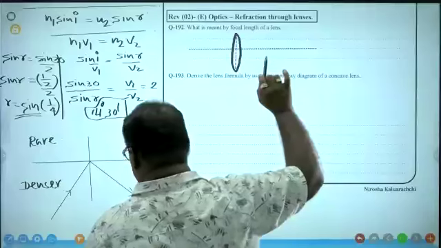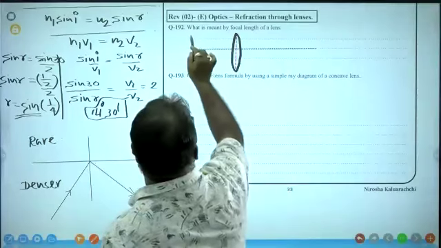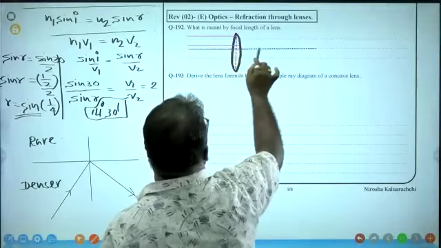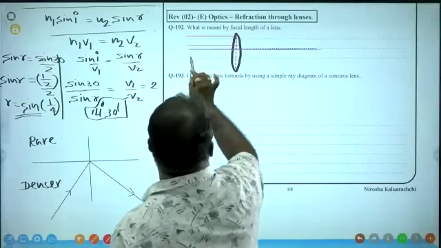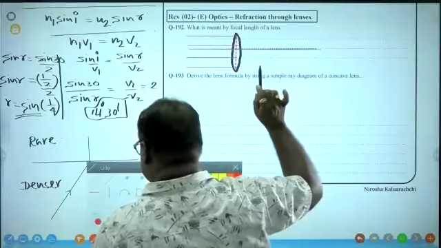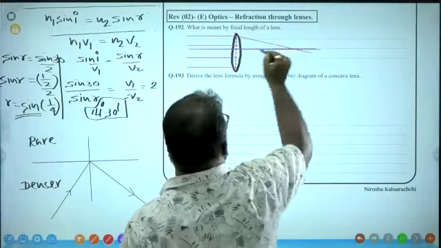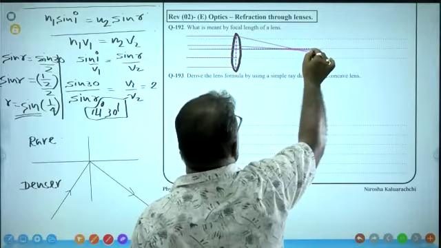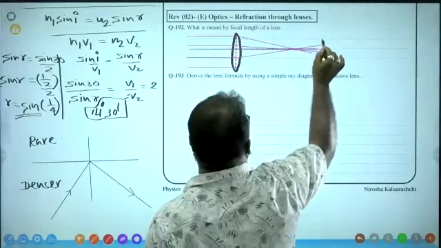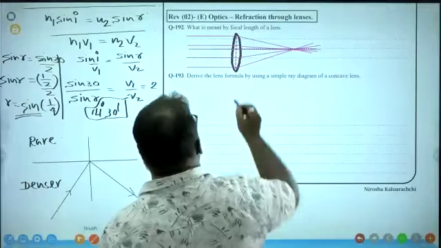A beam of light falls parallel to each other like this, and the rays converge at a point on the principal axis. That is called the focus.